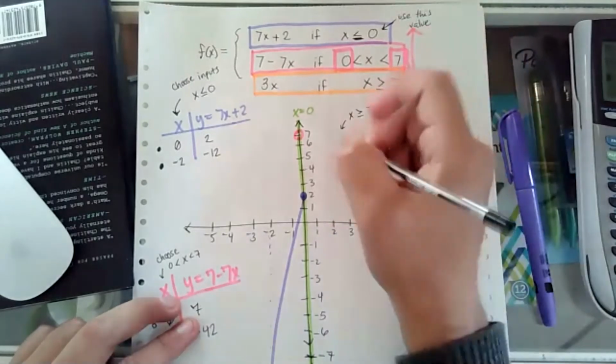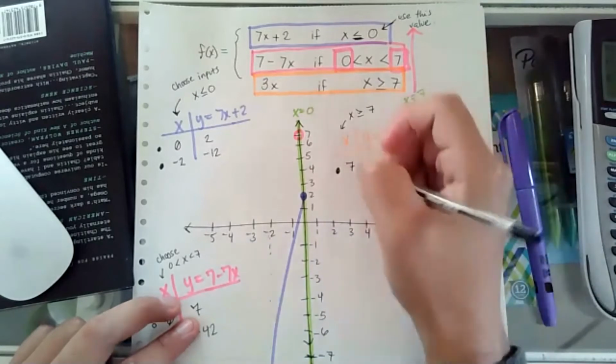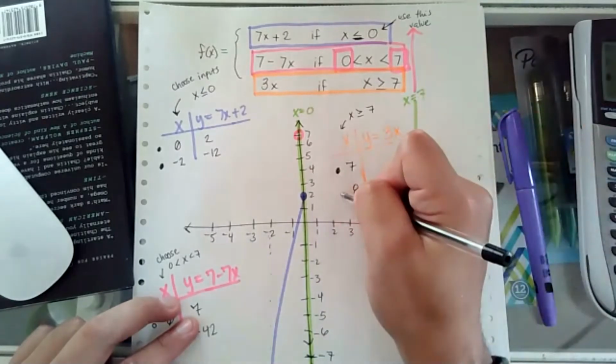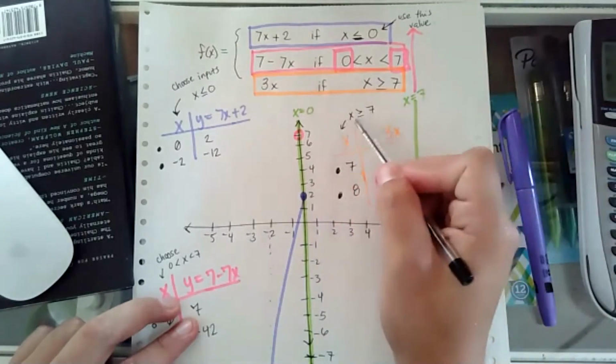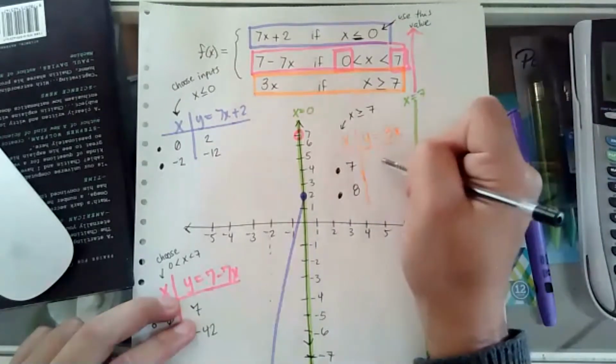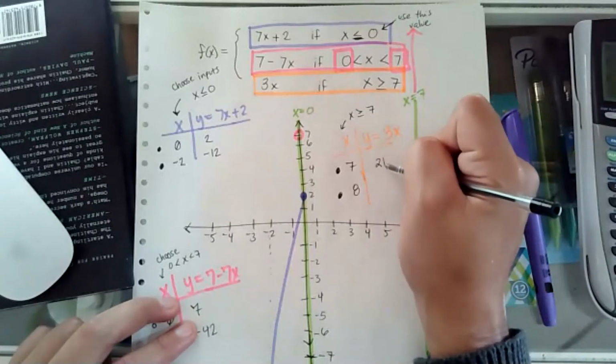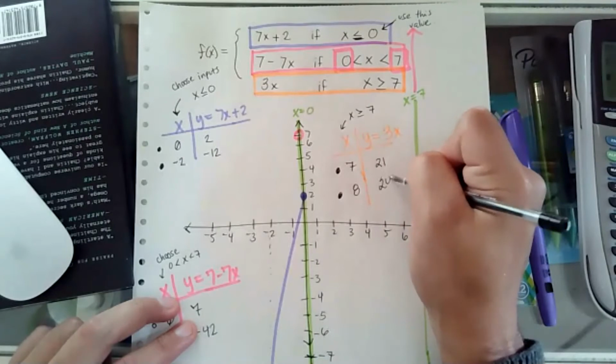So what I'm going to do is choose 7. And that's going to be a closed circle. And I'll just choose 8. And that's also going to be a closed circle because they do follow this rule. They are both greater than or equal to 7. So this value, when I plug in 7, will be 21. And this one will be 24.